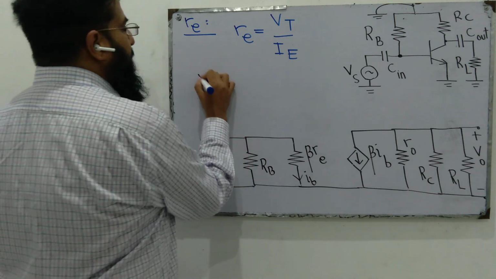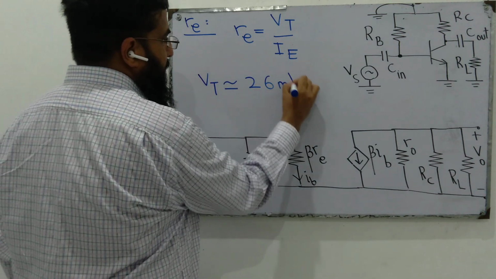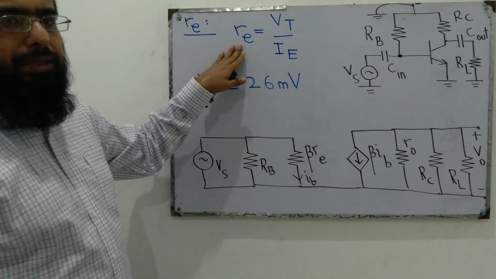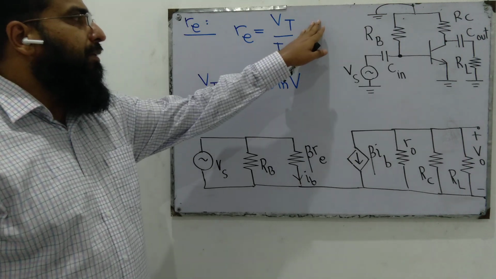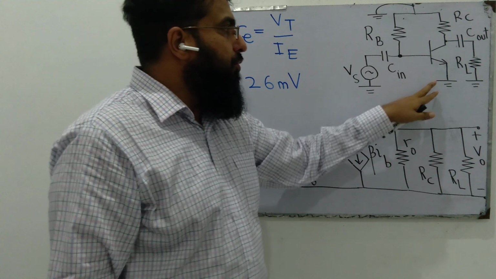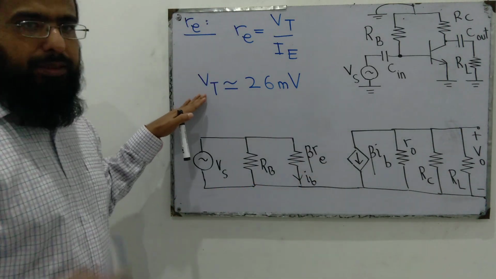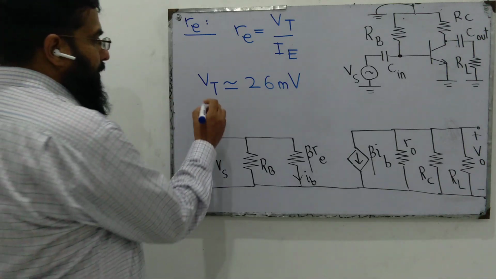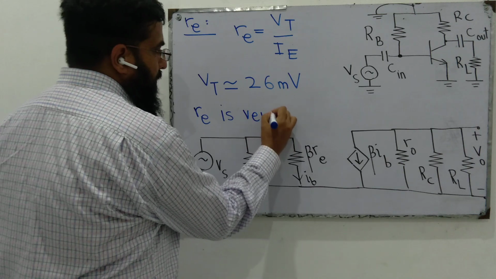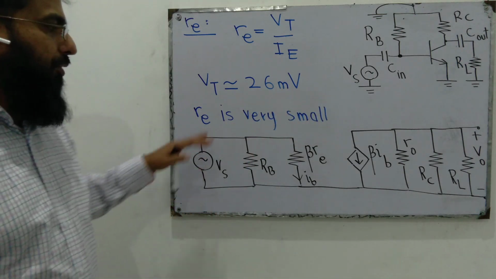VT is the thermal voltage and is roughly 26 millivolts. So in practical circuits, we calculate re by dividing this 26 millivolts by the DC current IE that flows through the emitter terminal to the ground. So it's easy to compute re. Another fact about re is that it is really a very small resistance.